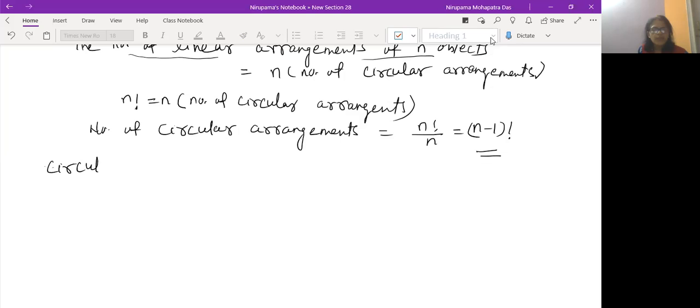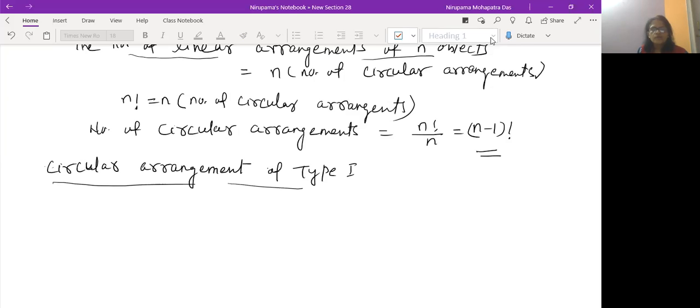I can name it like this: circular arrangement of type 2. So the previous one can be taken as type 1. So if I take the type 1, then this is type 2.